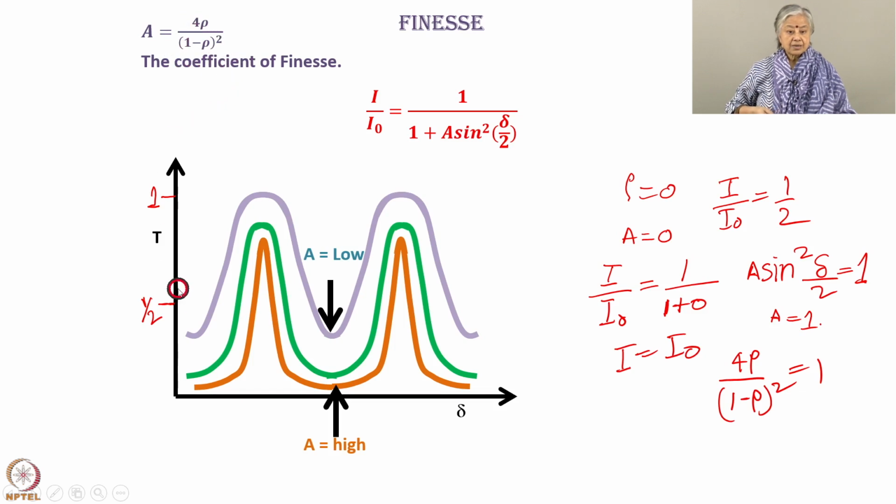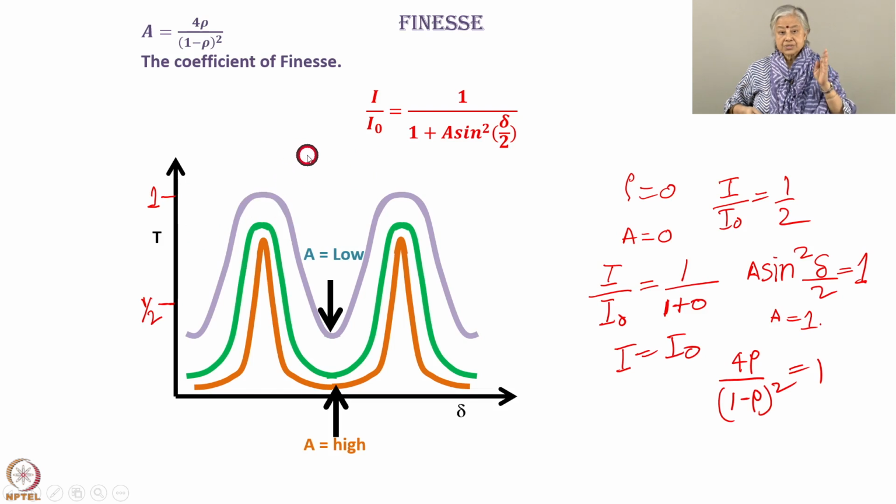And we had seen that this is the graph that we can plot, where delta is the phase difference and T is the transmission, which is I by I0, and you will get the maximum transmission from that Fabry Perot.